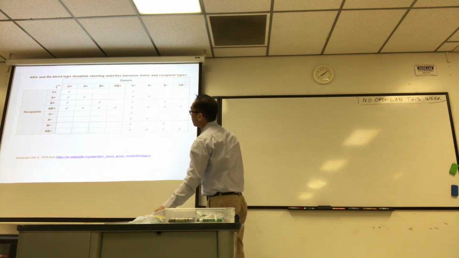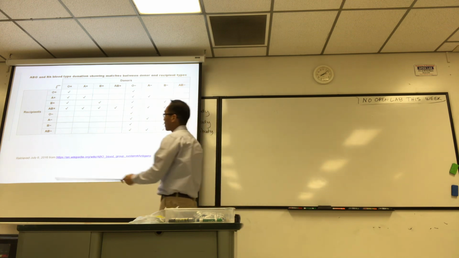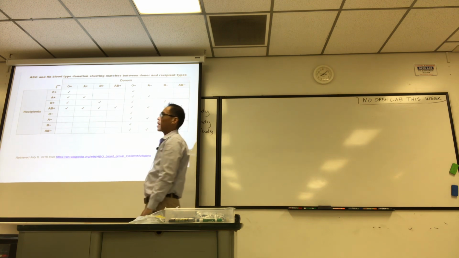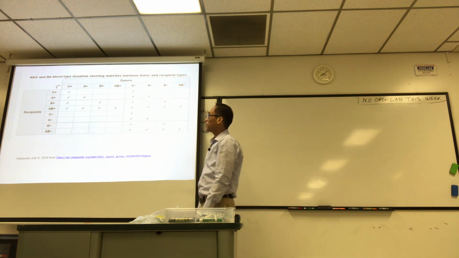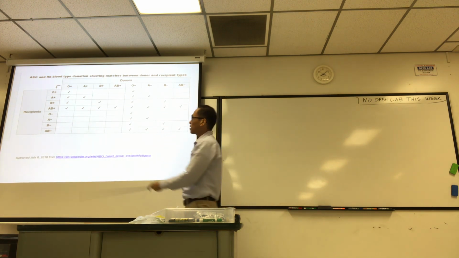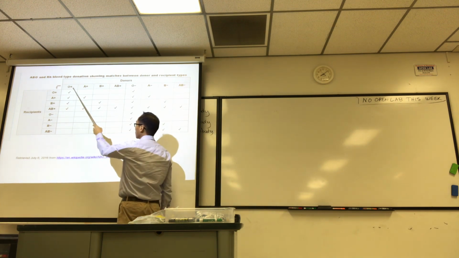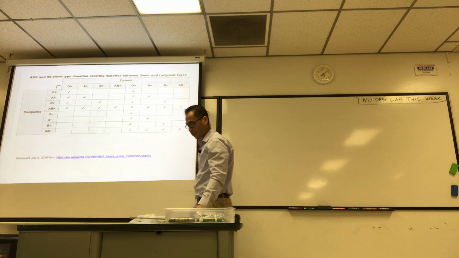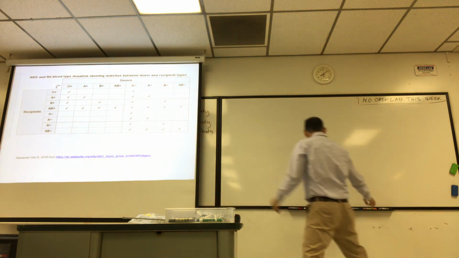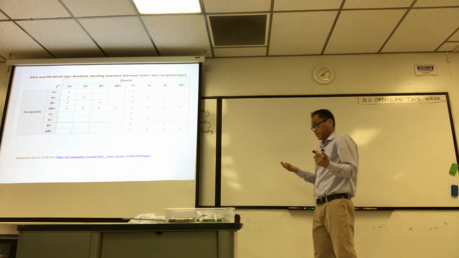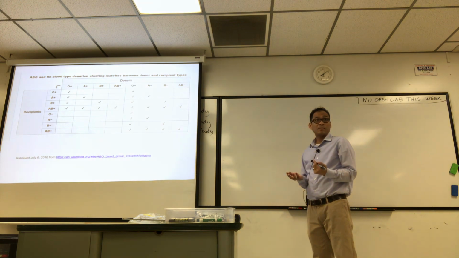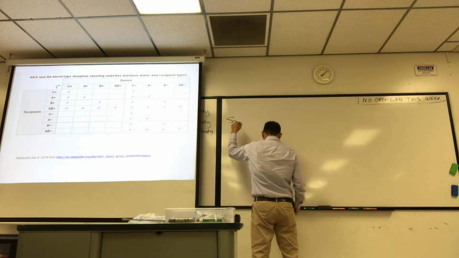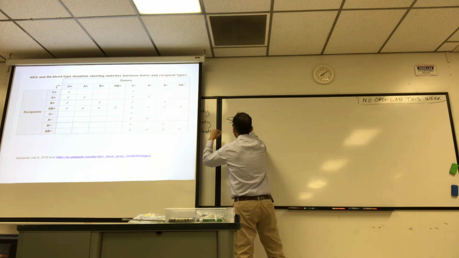Donors on top, recipients on the side. The checkbox means it's okay to donate. So what are the general rules? Well, let's look at this first box. An O positive can give or receive to an O positive. That makes sense. So the first thing you learn is that people of the same blood types can give blood to each other. That's obvious. Same types can give to each other.